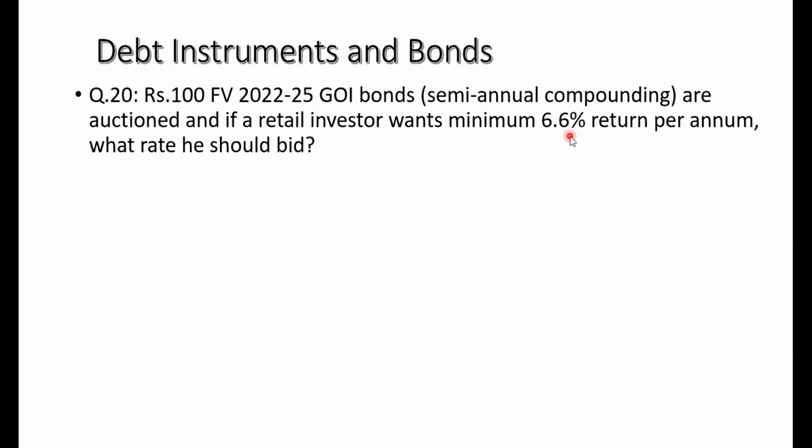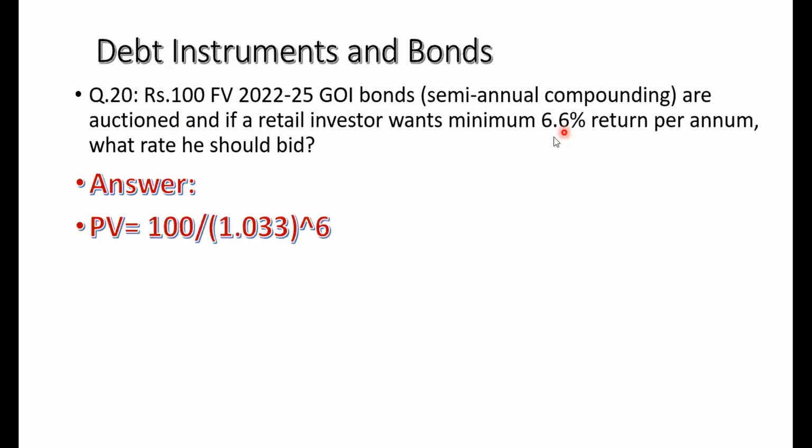And it is semi-annual. So convert to half, divide by half. So 100 is going to be received after 3 years, and semi-annual compounding, 1.033. 6.6 will become 3.3.